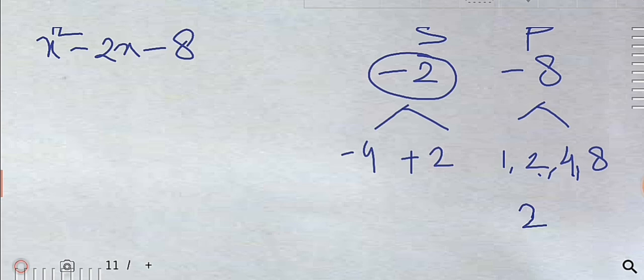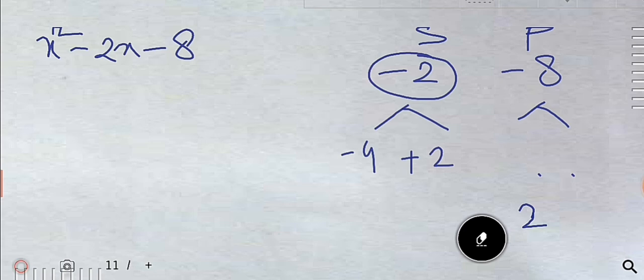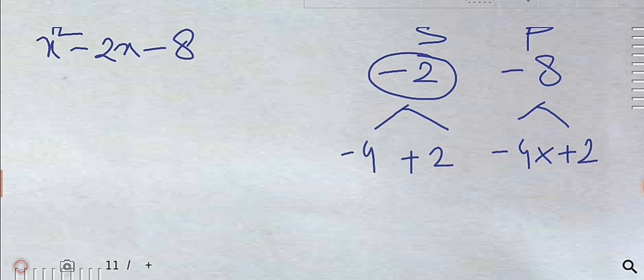In the same way, if you multiply minus 4 into plus 2, you will get minus 8. So these two numbers satisfy both the conditions. When you add the two numbers, the result is minus 2. When you multiply the same numbers, the result is minus 8.